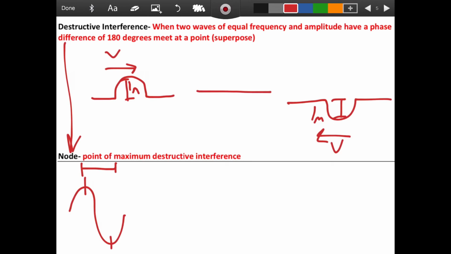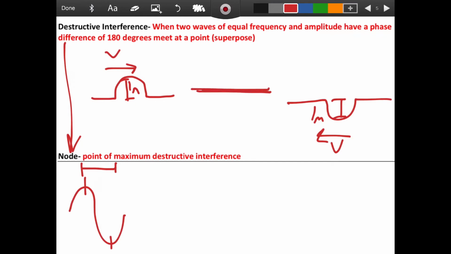Now, one thing to add is after two wave pulses pass through each other, it's as if nothing ever happened. So after they pass through each other, this one will continue moving to the left, and this will continue moving to the right. But while they pass through each other, they will destructively interfere.